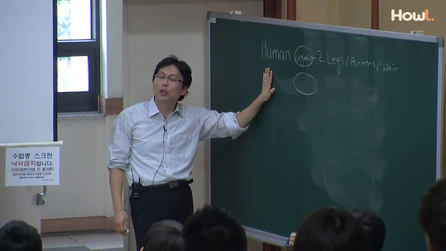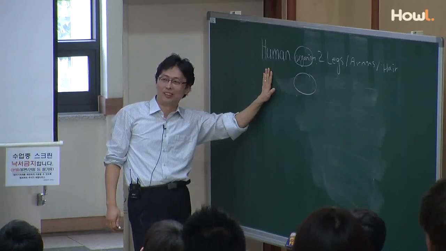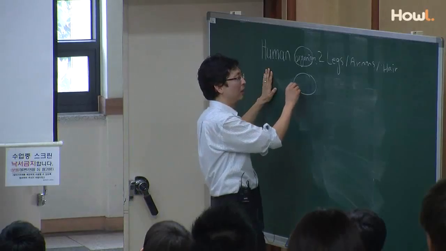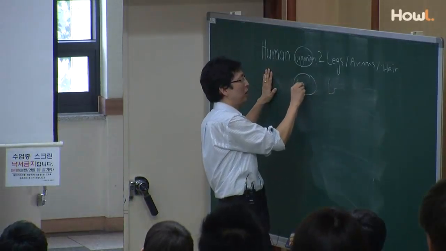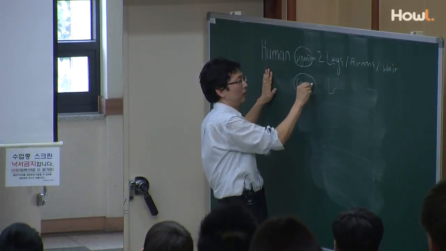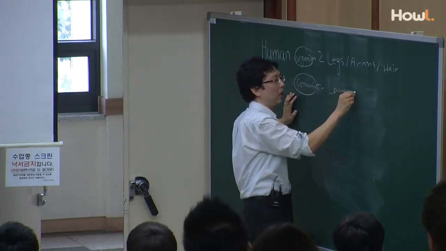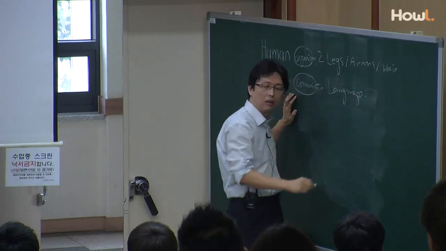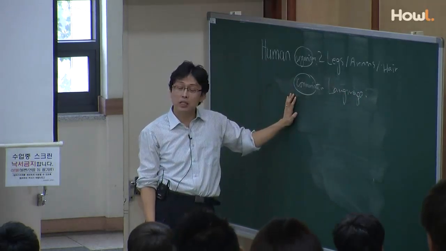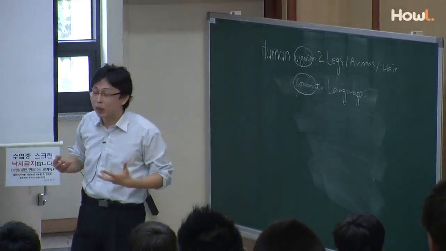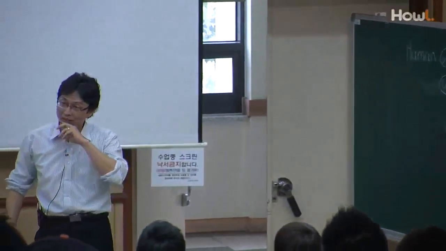What do we need more? Language, yeah, we have a language. Communication. But just language only? The chimpanzee has a language. They can talk to each other. It's not like what we are expecting, but they can communicate, right?